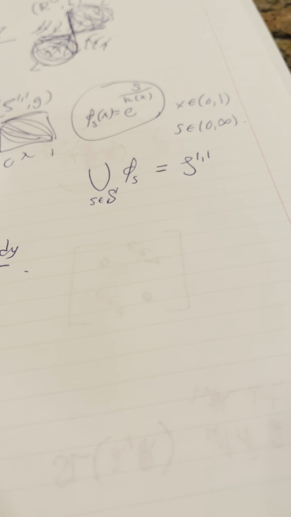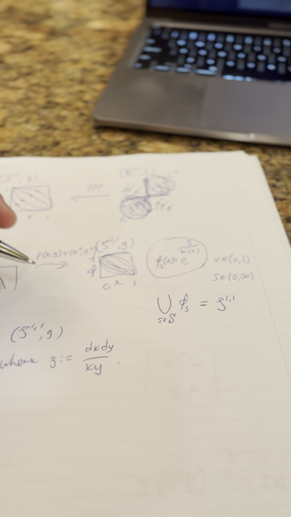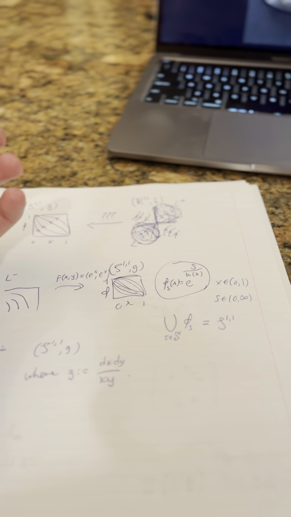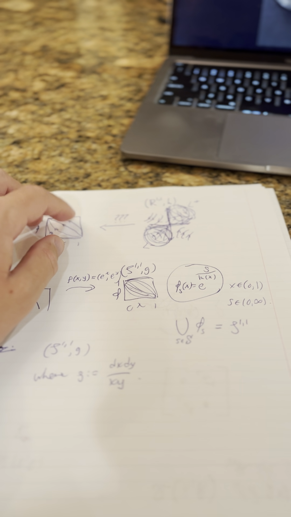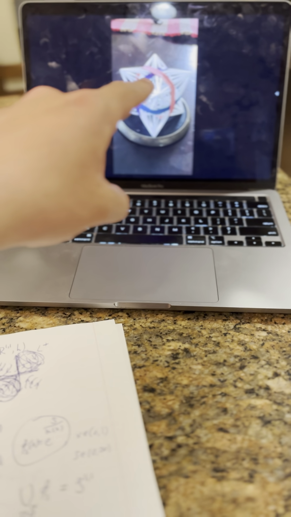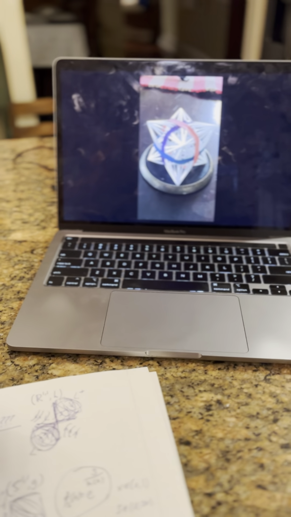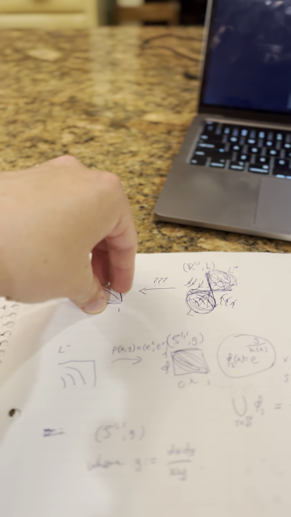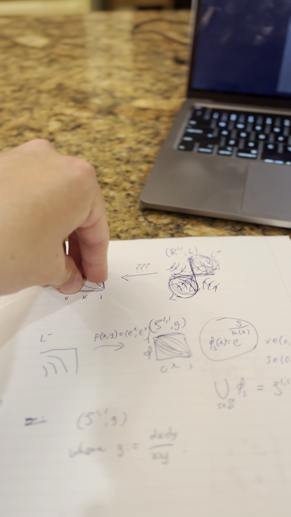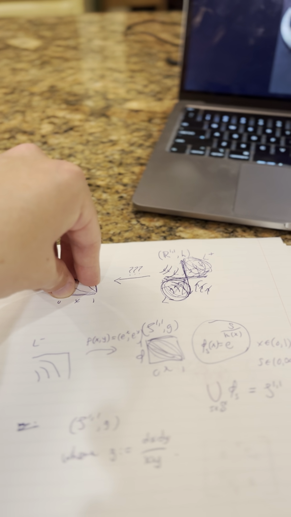Okay, so now essentially what we're doing is we're taking this, and you can see that one of those components might project directly onto it. Those white fibers could project directly onto this manifold.